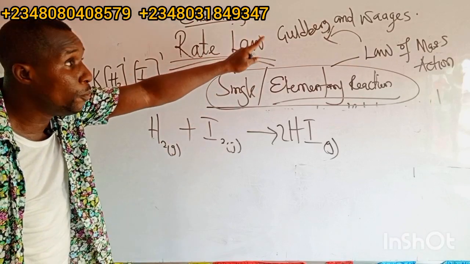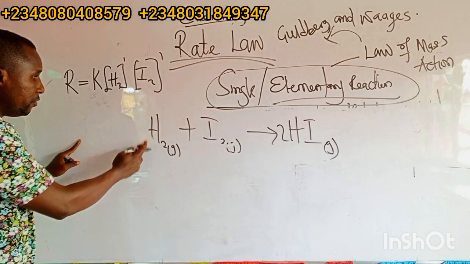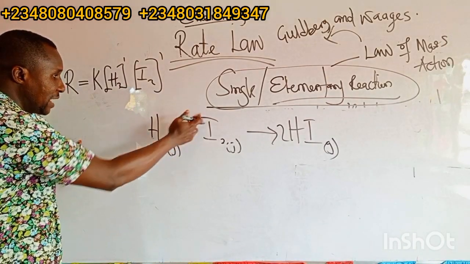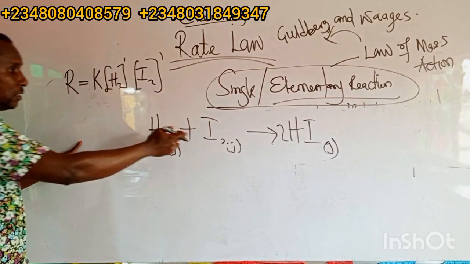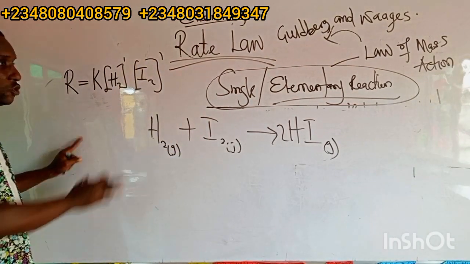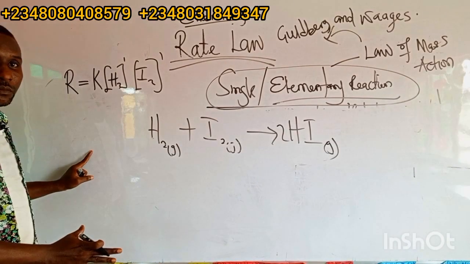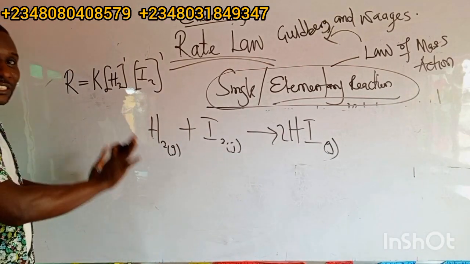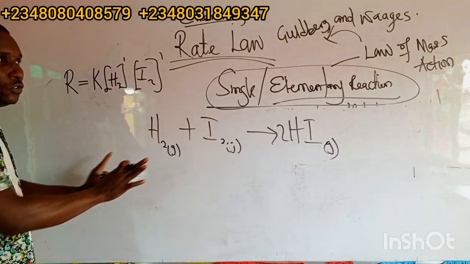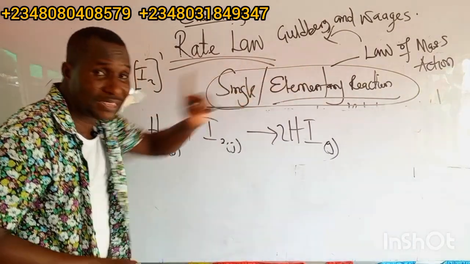When you have the mole of each reactant, the first reactant raised to its power and the second reactant raised to its power, that is the rate law for this reaction, because it is simple. It is a single or elementary reaction. That's why we can use our law of mass action.